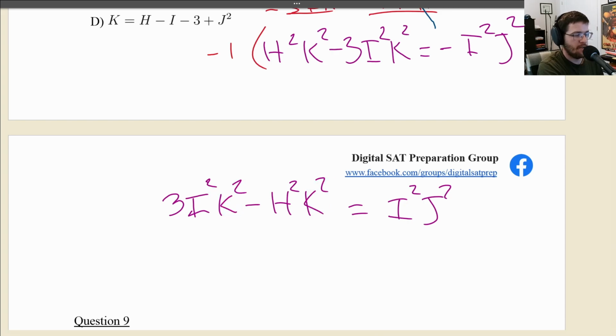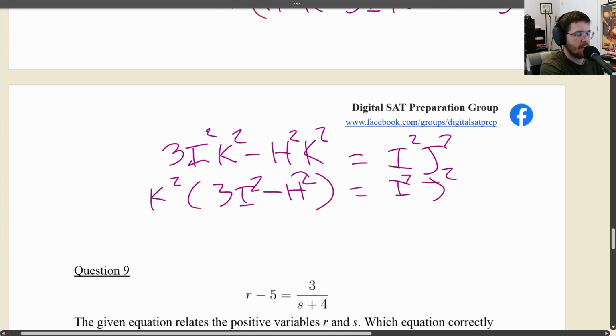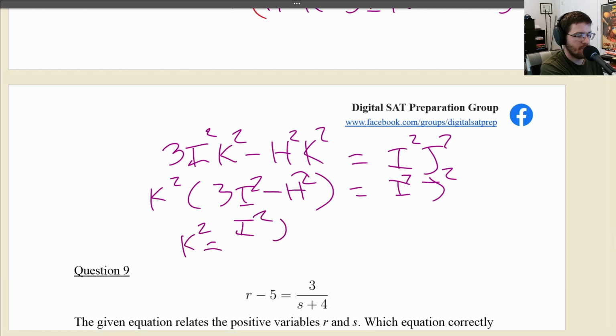So I'm going to pull out a k squared, and I am left with 3i squared minus h squared. And then we will divide both sides by that. So we get k squared is equal to I squared j squared over 3i squared minus h squared.